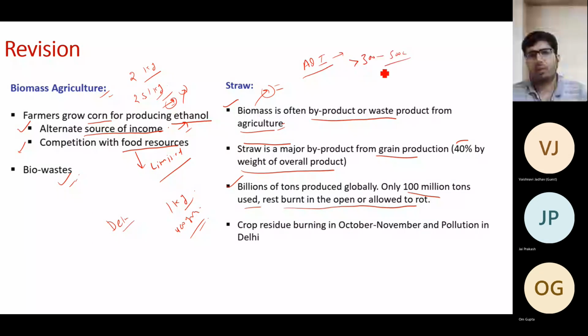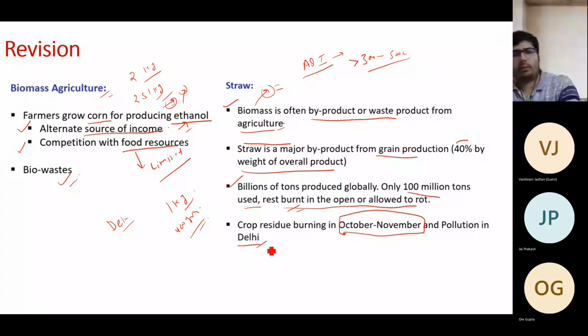So it's very severe AQI due to this burning of the crop, burning of the straw. So crop residue burning in October to November and pollution in Delhi. So from October to November, crop burning is the major reason of pollution in Delhi.